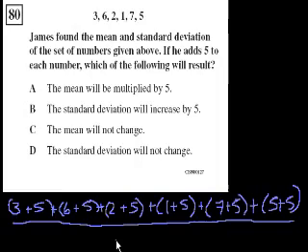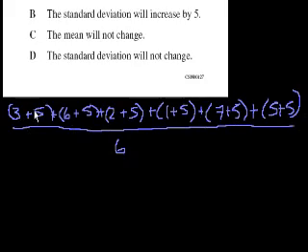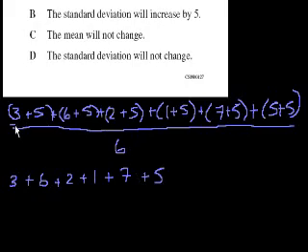All of that divided by 6. This is the same thing as, let me write this. This is if we can get rid of the parentheses, while we're just adding. So that's the same thing as 3 plus 6 plus 2 plus 1 plus 7 plus 5. I just took the first terms in each of these, right?